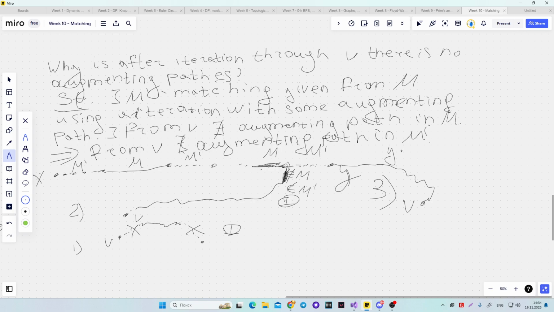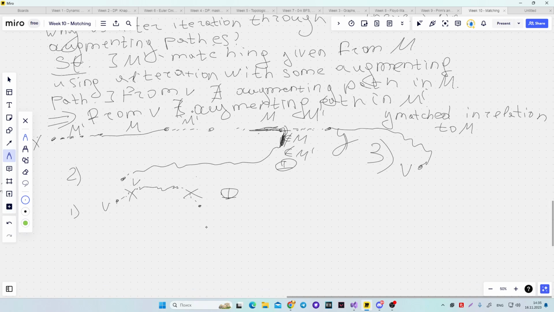It means that Y is matched in relation to M. So that's all the cases: when it intersects in the middle, when it intersects at the ends, and when it doesn't intersect at all. So that's all.